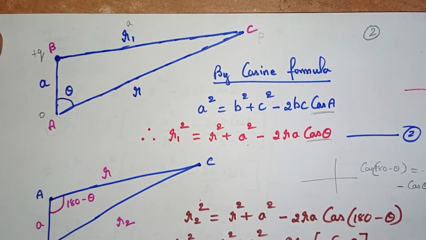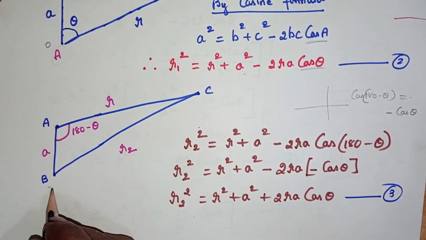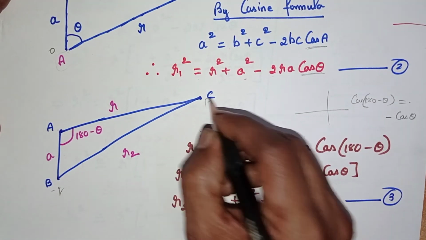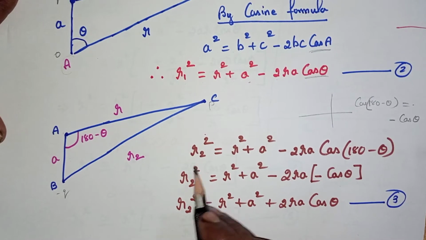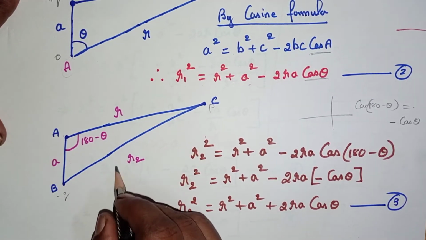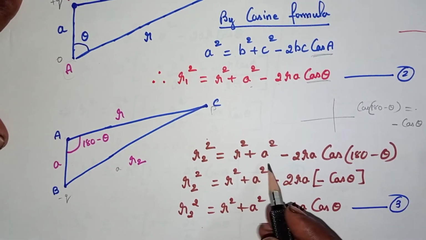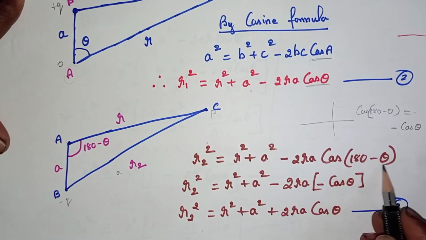Similarly, if you consider the lower triangle, this is point O, this is minus q, and this is the distance to point P. Now applying the same cosine formula, r2 square is equal to r square plus a square minus 2ra cos, where the angle is 180 minus theta.